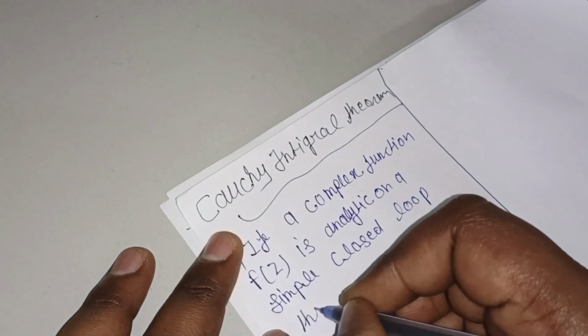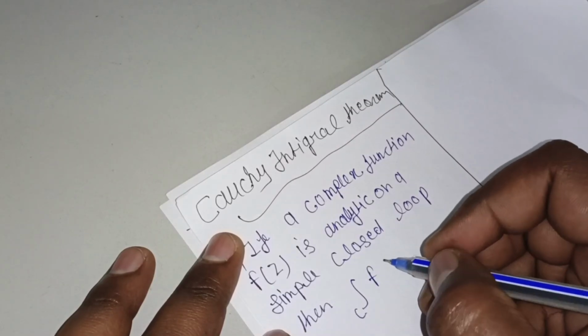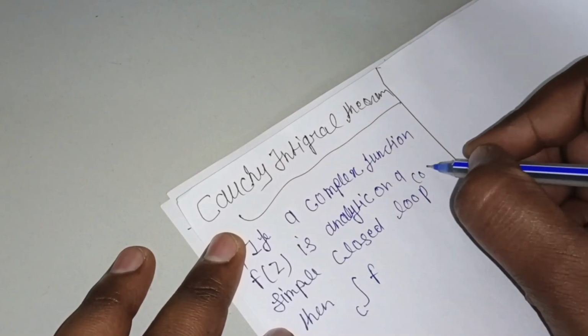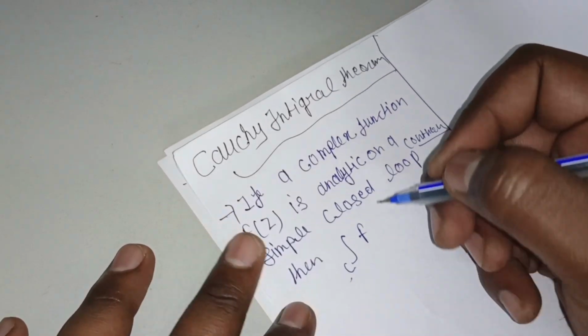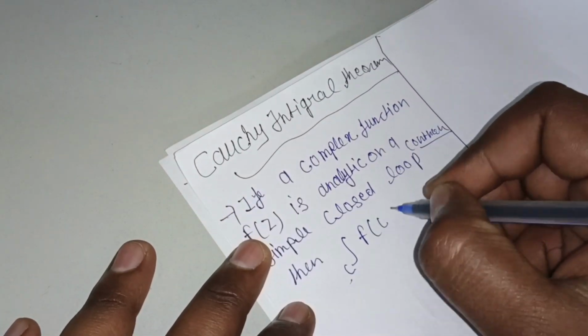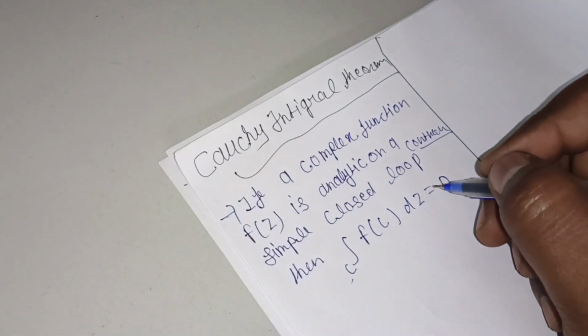Then the integration over c of f(z) dz, where c is the contour, is equal to 0.